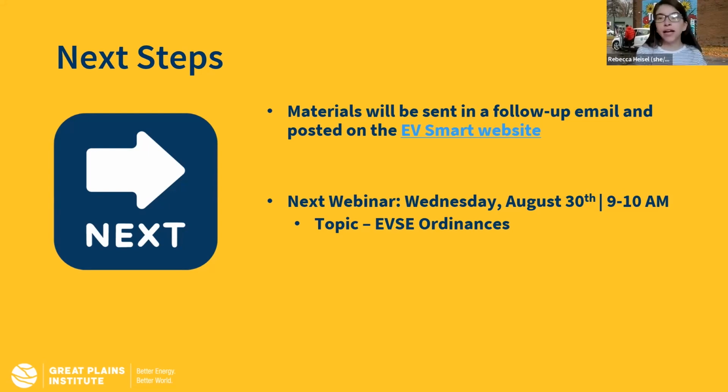And our next webinar will be at the end of August, Wednesday, August 30th at the same time, 9 to 10. And we will be discussing zoning ordinances as they relate to charging infrastructure. So keep an eye out for that. And we will also get to work on all these different suggestions that we had today about different resources that would be helpful to our communities, and we'll send those out to you when we have them.